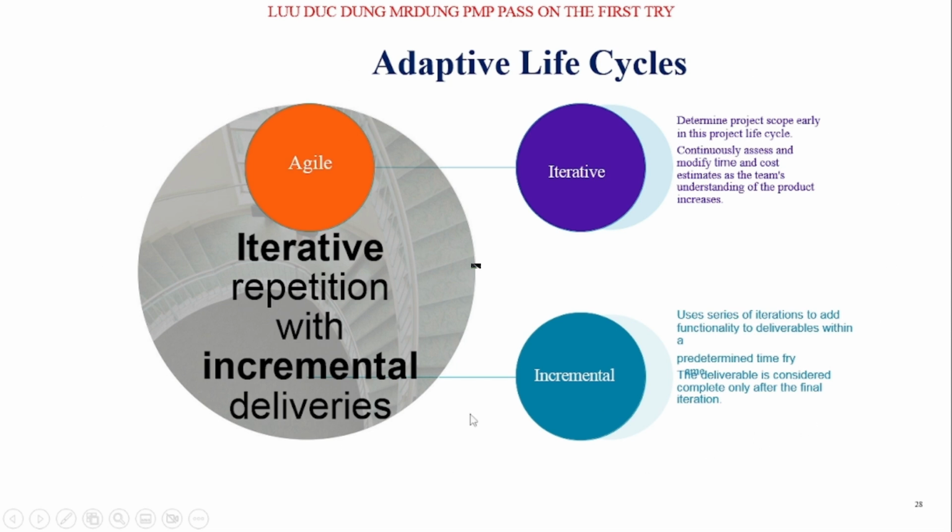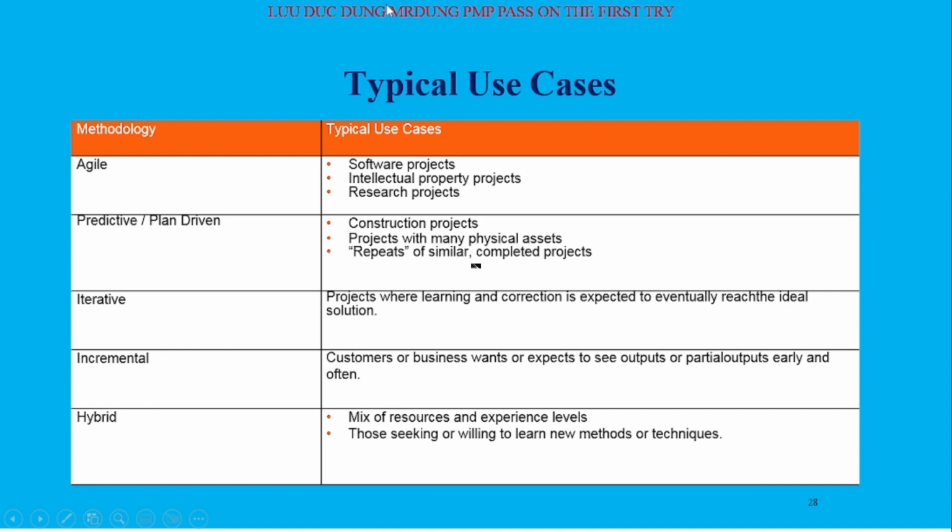The concept of the adaptive life cycle covers agile, iterative, incremental. The methodology can be divided into 5 methods: agile, predictive or plan-driven or traditional waterfall, iterative, incremental, hybrid.